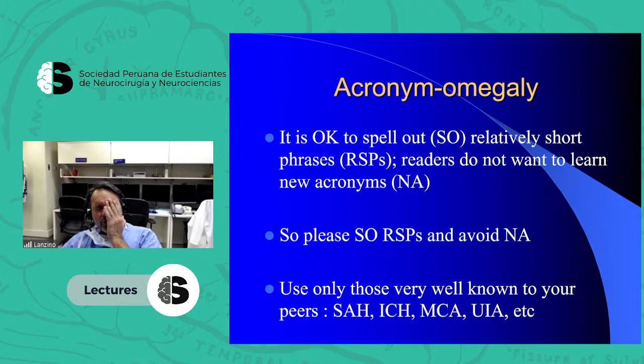It's okay to use well-known acronyms. For example, in our field, SAH, ICH, MCA, UIA for unruptured intracranial aneurysms, but be careful not to make up new acronyms.